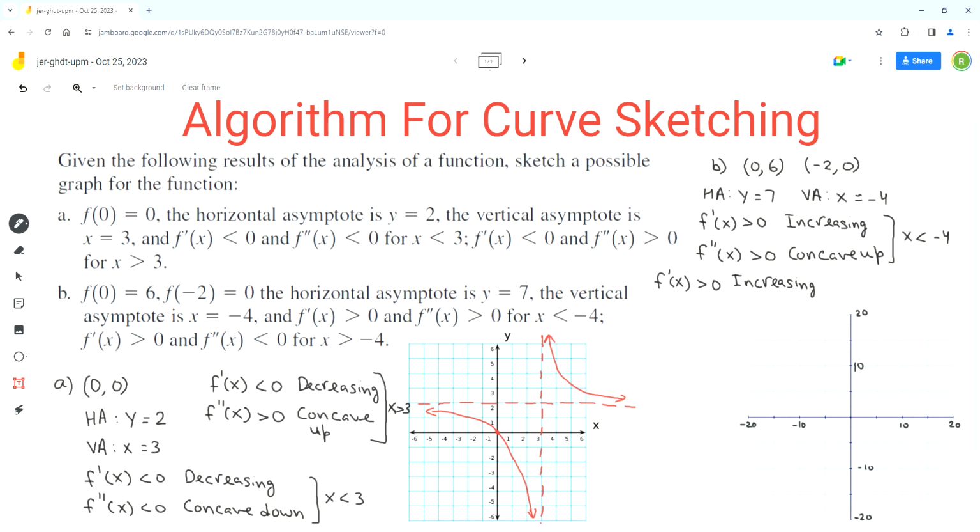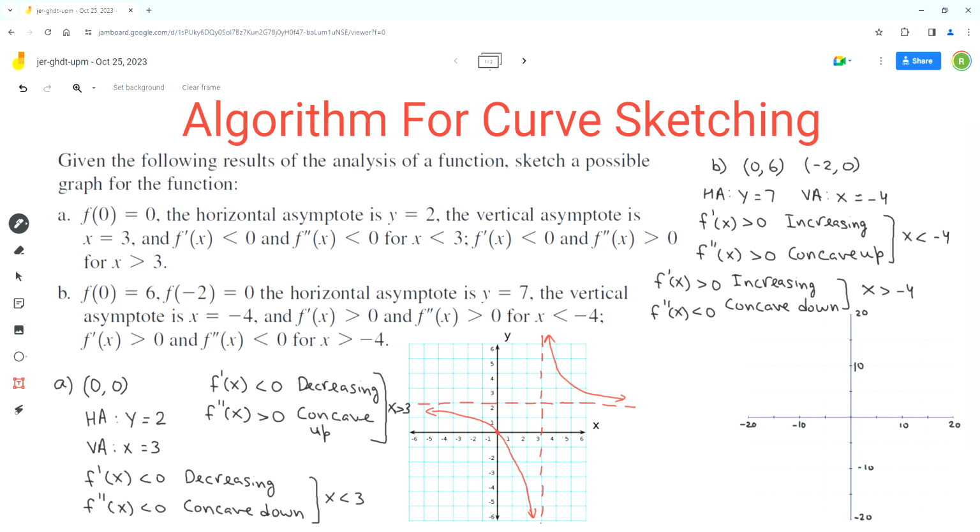And the second derivative is less than 0. That means the curve is concave down, for x greater than negative 4.